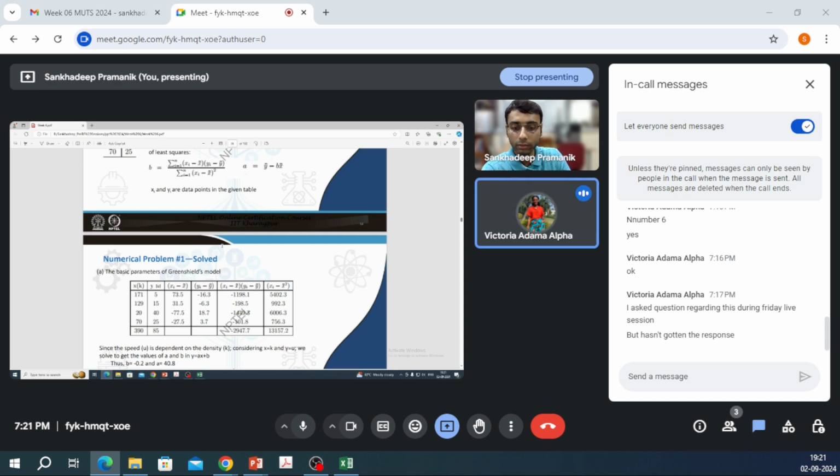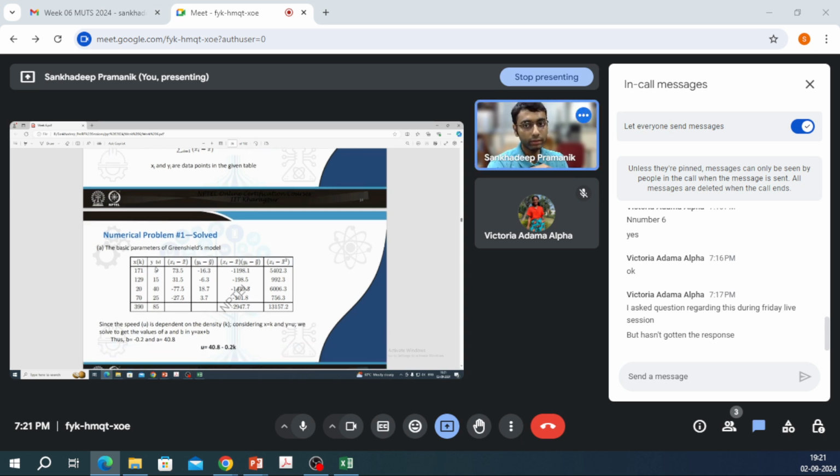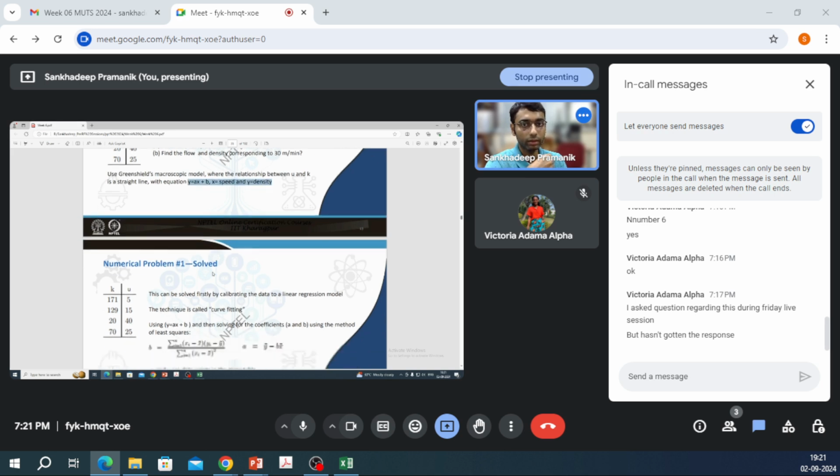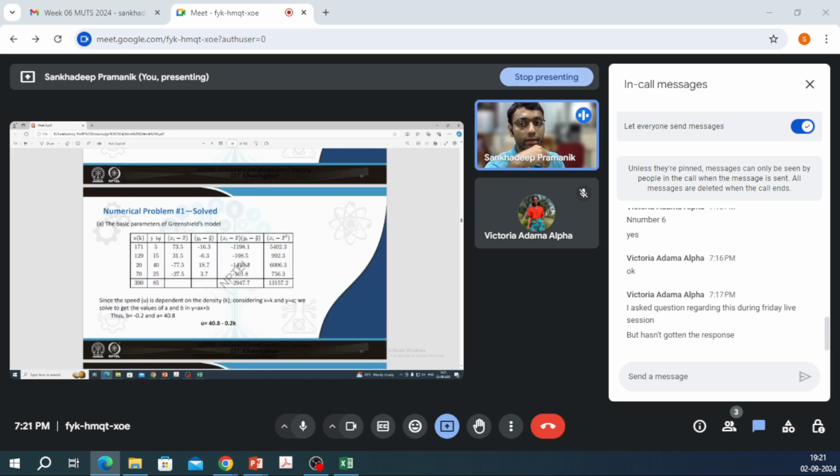Okay, this one actually, this one is correct. Don't consider this one. That U is the Y and X is the K, and consider this one, and with that you can proceed for the answer, like calculating.